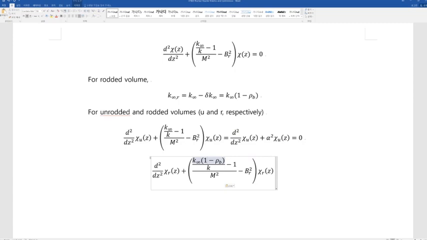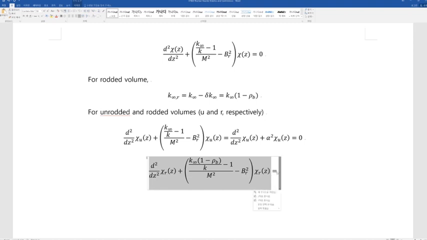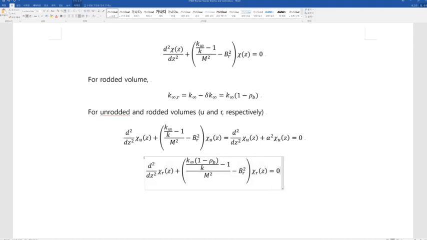So if we divide this, then in fact it is the same. So this should be 0.